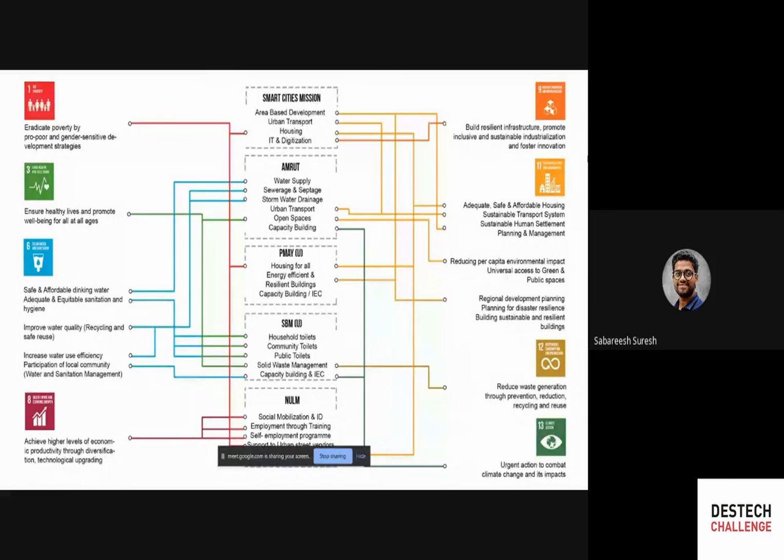So like I was saying, this is a very good reference point for you guys to go back and see what your city is trying to do with respect to some of these missions, whether it is the Smart Cities Mission, what AMRUT is trying to do, what Pradhan Mantri Awas Yojana is trying to do, what Swachh Bharat Mission is trying to do.